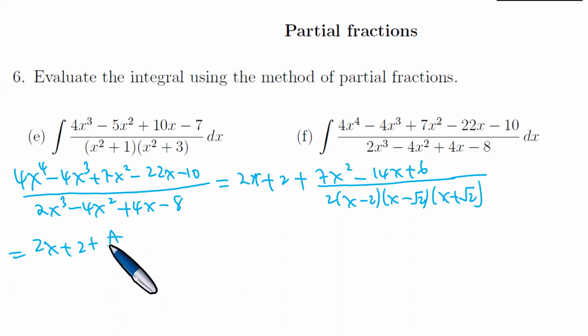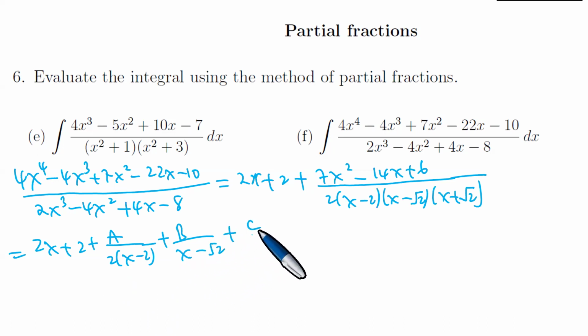So this would be A over 2, x minus 2, plus B over x minus the square root of 2, plus C over x plus the square root of 2.